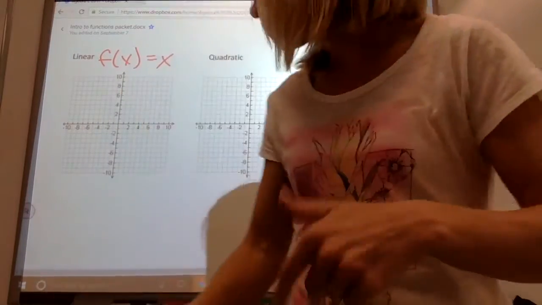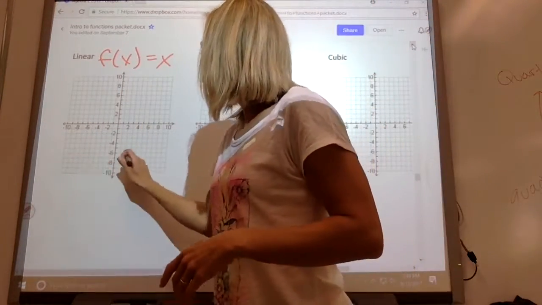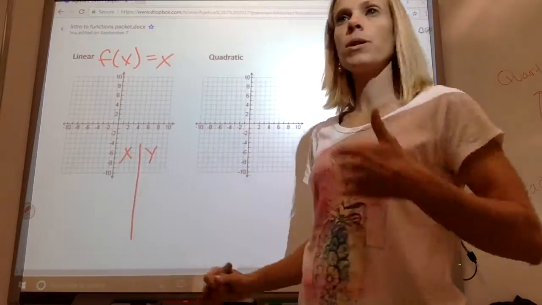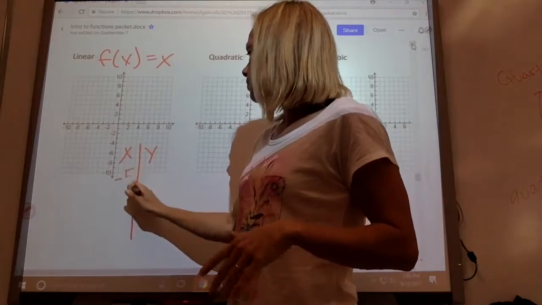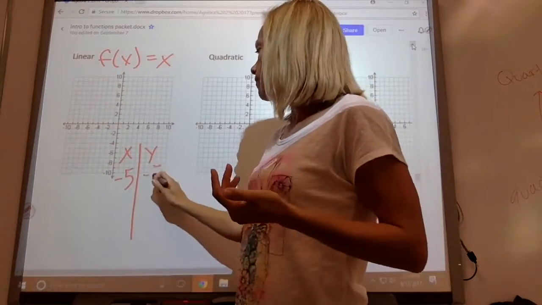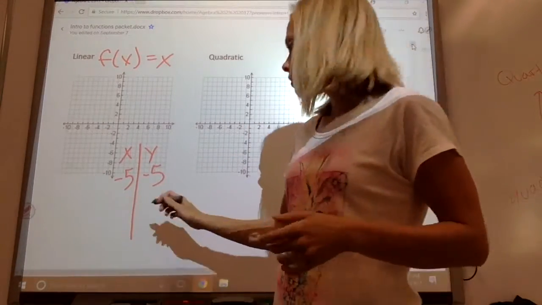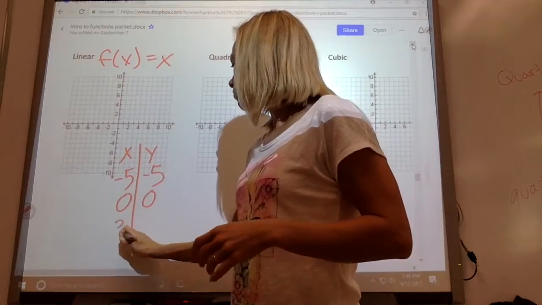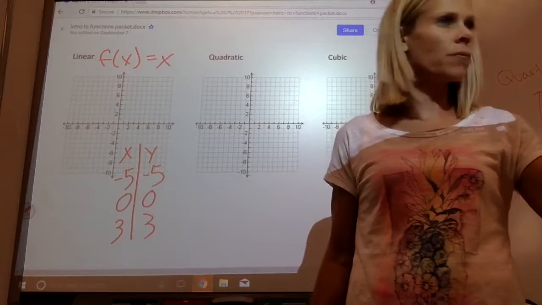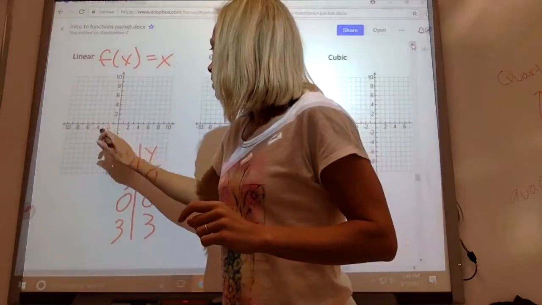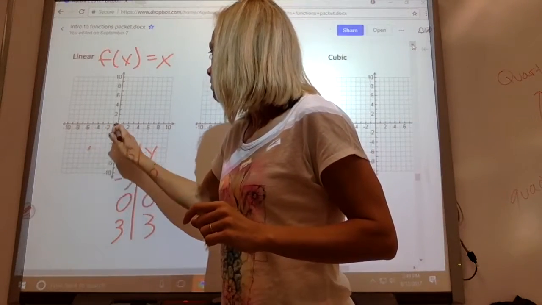So using that table, you would just pick points that you want to graph, probably 3 good points. So I would look at my table and think, oh, -5 is a good point. 0, 0, and maybe something like 3, 3. Those would be points I'd take from that table and write them down. So then you get what your parent function looks like.